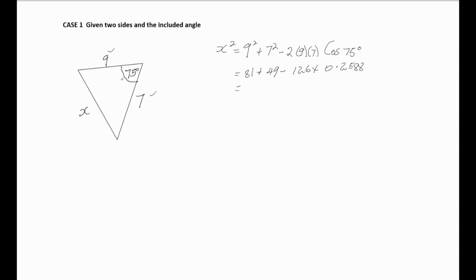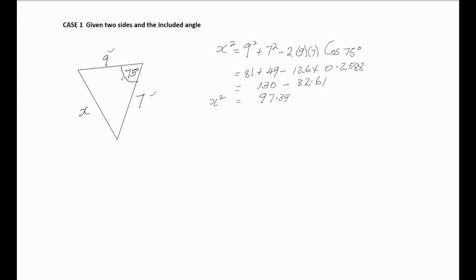Now we simplify, we get 130 minus 32.61. When we multiply 126 by 0.2588, we get 32.61. And on subtraction now, we get 97.39. Now this is what x squared is.